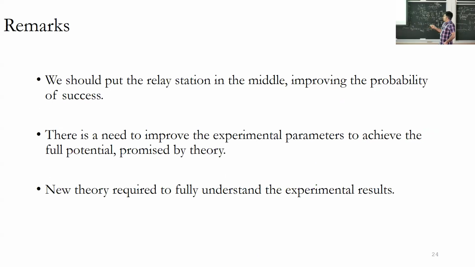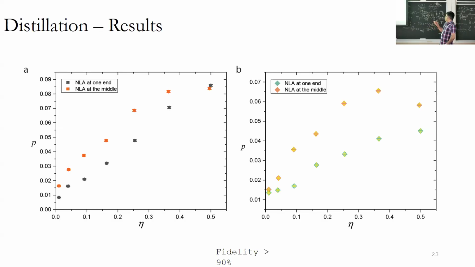And here we see a better improvement in the probability of success, but again, you can see the same trend in the very high loss and low loss regimes. So I didn't talk about fidelity much. I mentioned these two factors, fidelity and probability of success, and I said fidelity is important, and probability of success.